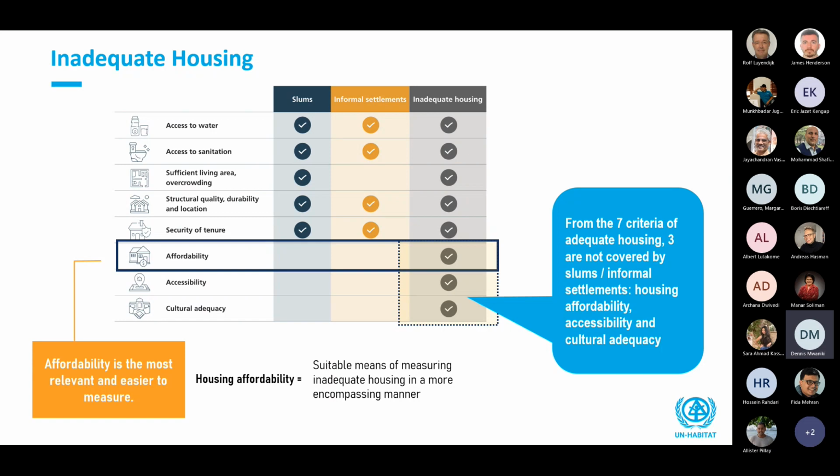Here, housing affordability, we measure it by saying if a household is paying more than 30% of their gross income, then that household is considered to have housing inadequacy.